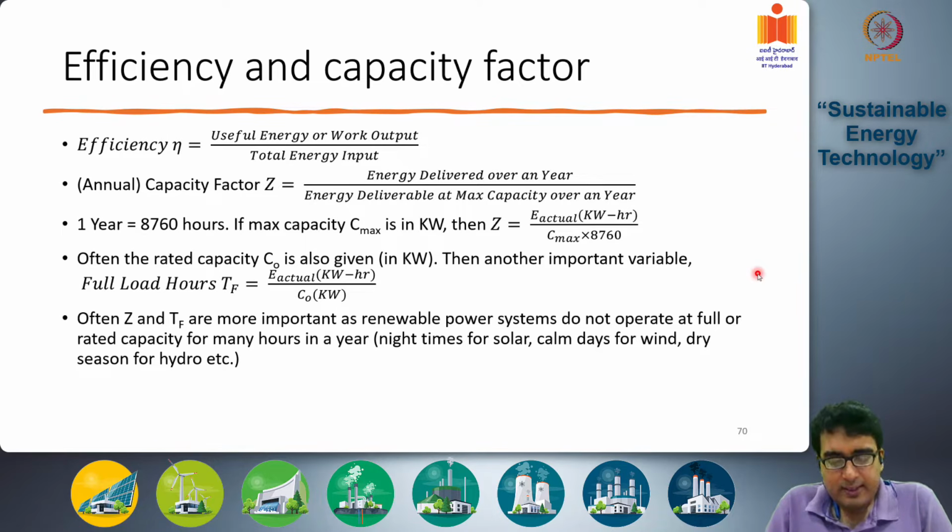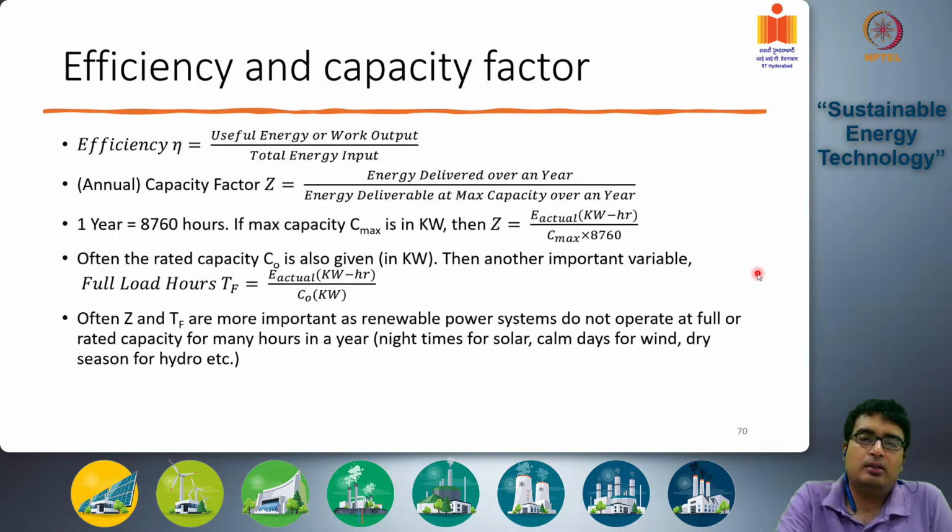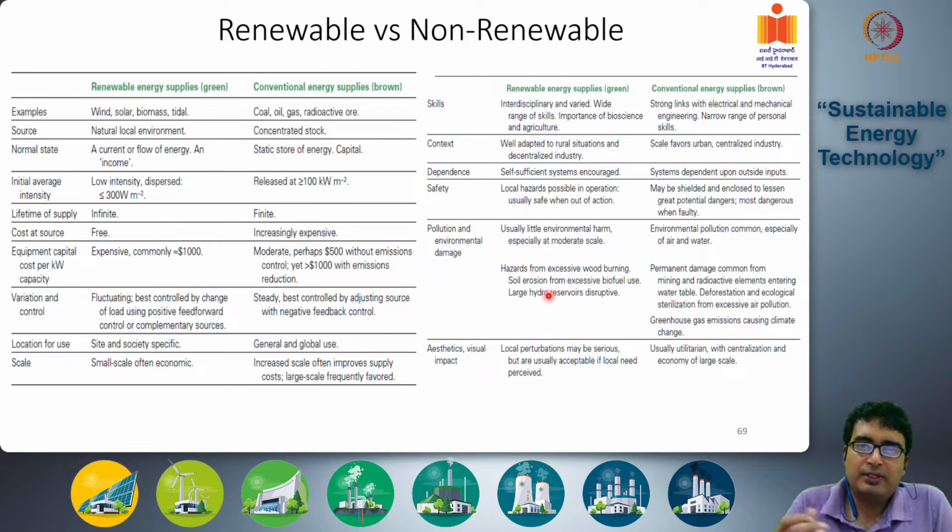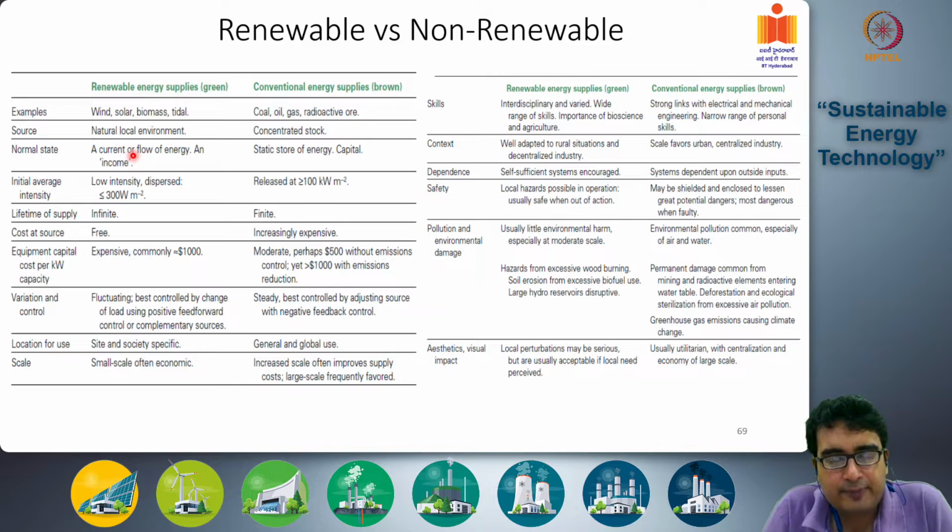So in the previous class, we began our discussion of renewable energy systems in general, and we also looked into some of the differences between renewable energy and conventional energy supplies.